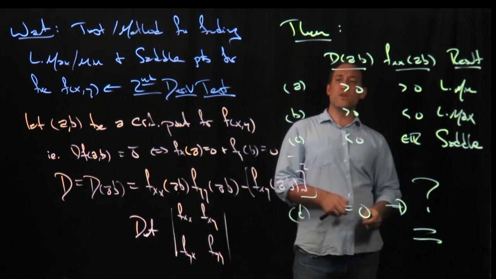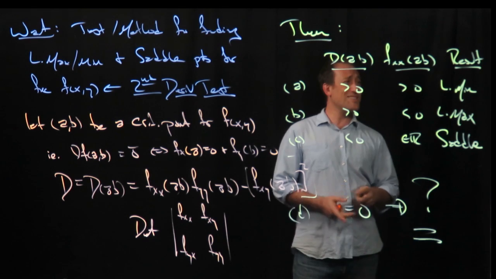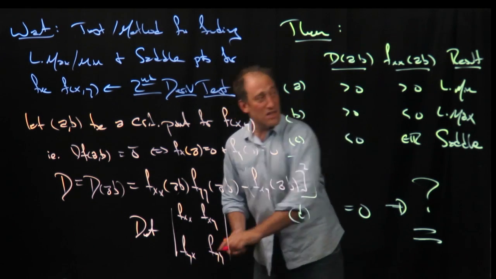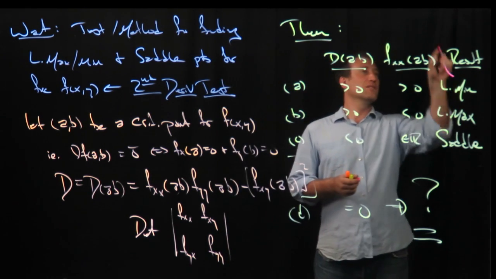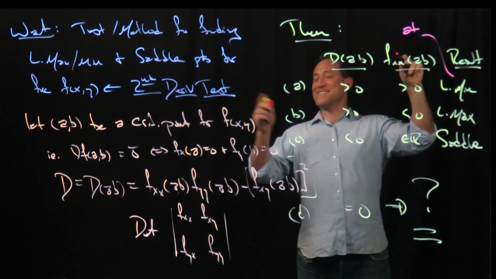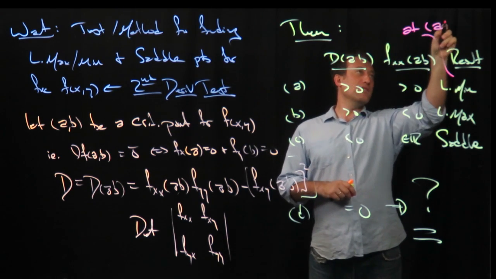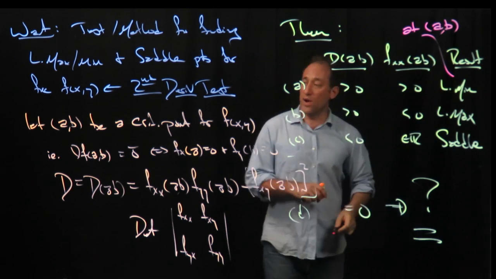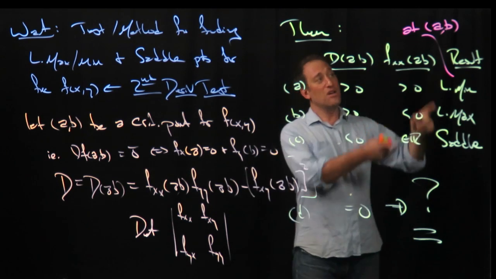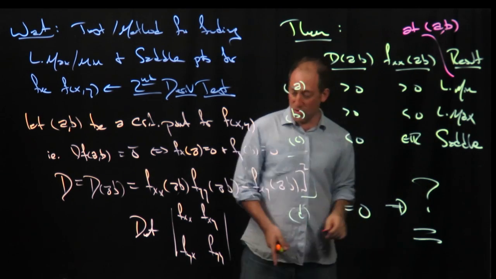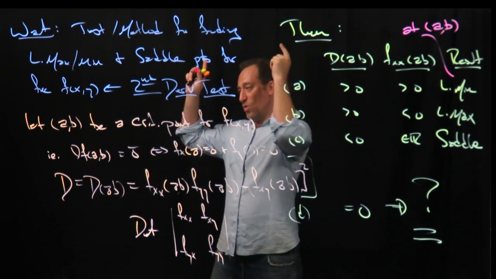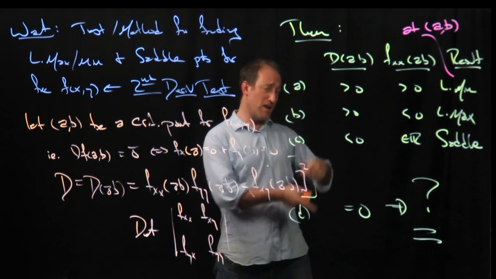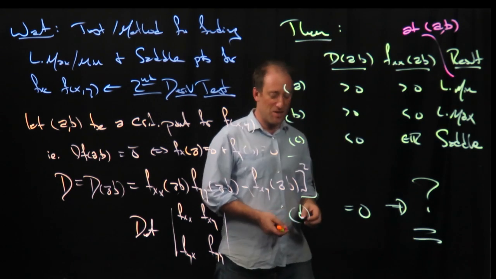I didn't have room to squeeze it in here, but of course when I say local min, I mean a local min or max at the critical point AB, and as usual, please make sure to distinguish between where it is, AB, and what it is, f of AB.